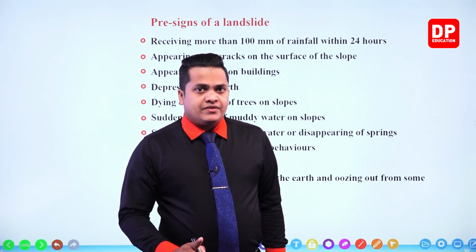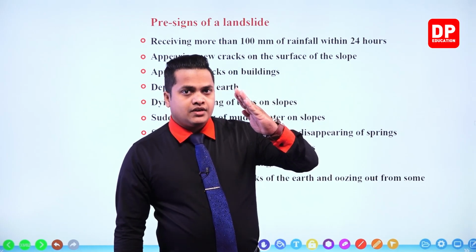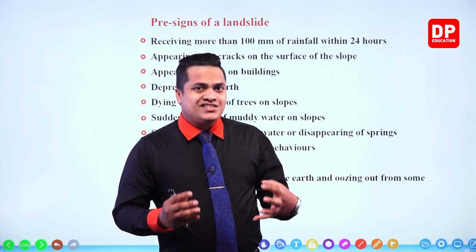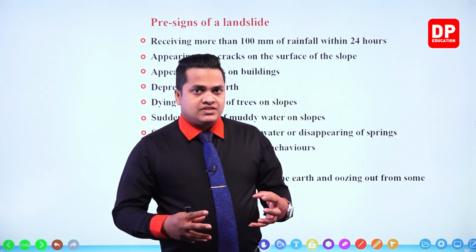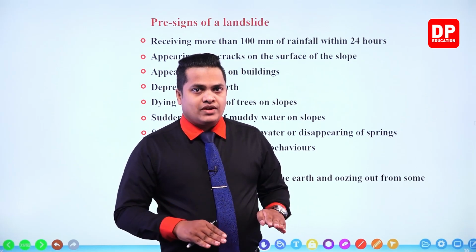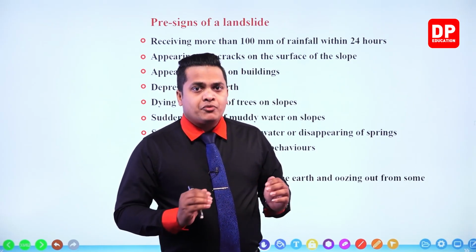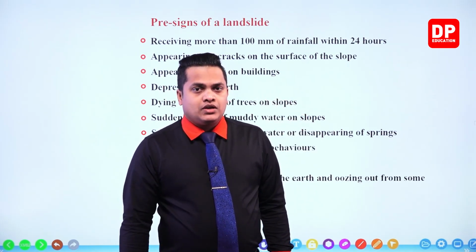Or else, sometimes, my dear children, these trees may slant. It's because the root system is what provides rigidity to the plant. So if the root system is not connected with the soil, it will not be able to keep the plant rigid. In that case, the plant will slant down.